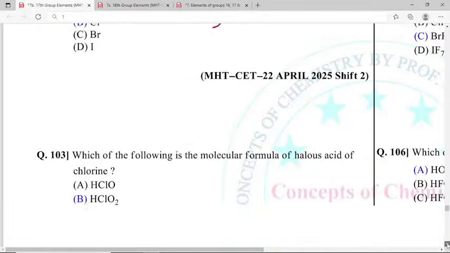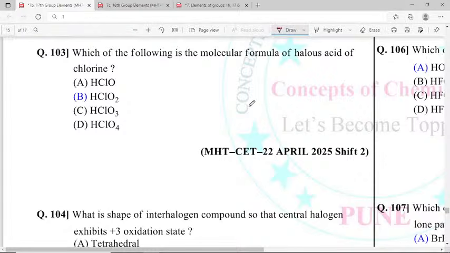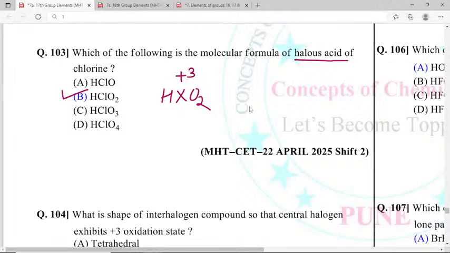Next question. Which of the following is the molecular formula of halous acid? Halous acid is HClO2, that is HXO2, with oxidation state +3. So it should be +3, called a halous acid. Halous means chlorous acid.